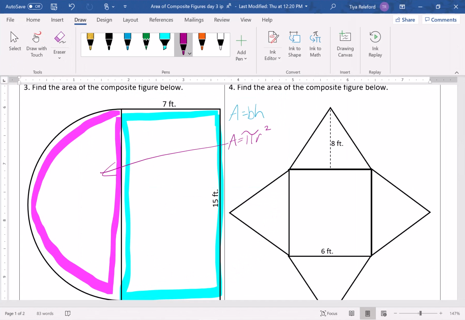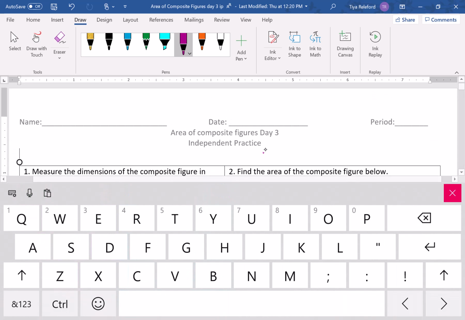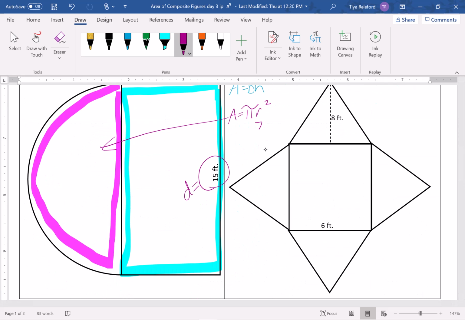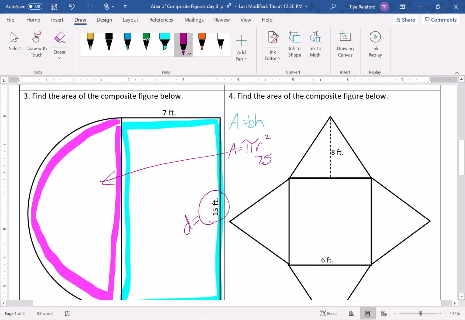The other thing is for your radius, the diameter is 15. So if the diameter is 15, your radius is 7.5. Now your answer is going to have a lot of decimals.